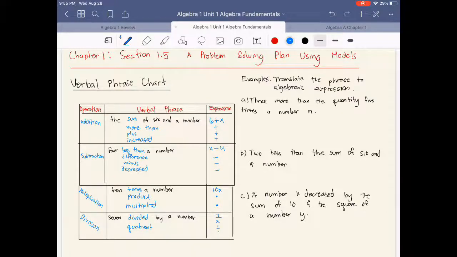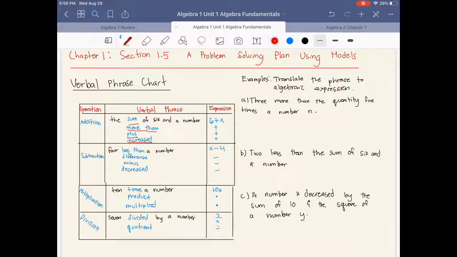Under verbal phrase, if you see these terms, sum, more than, plus, increase, that's indicating that you're going to be doing addition when you're expressing it or changing these verbal phrases into expression form, meaning just number form, putting it into numbers.